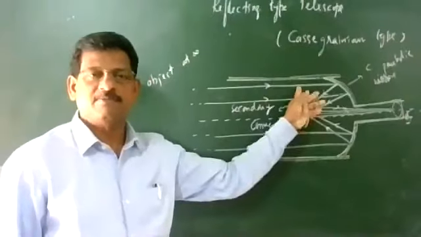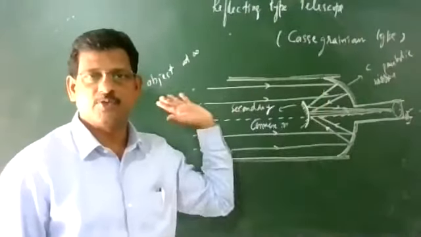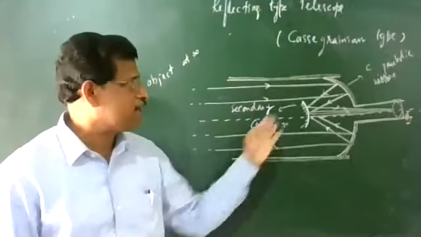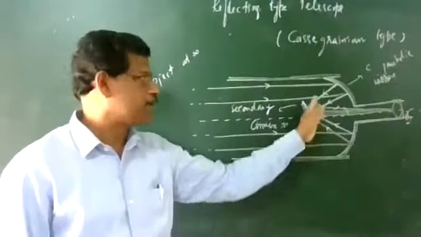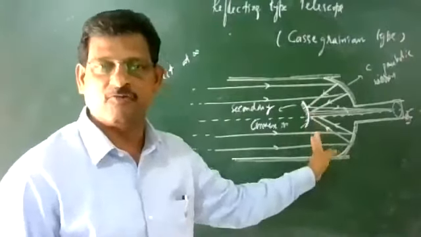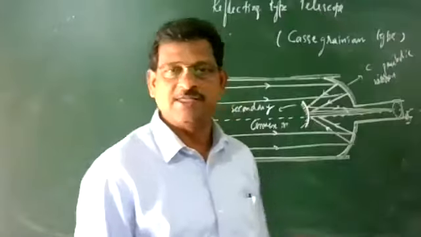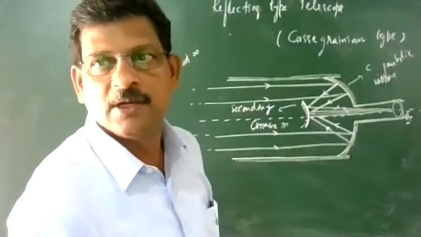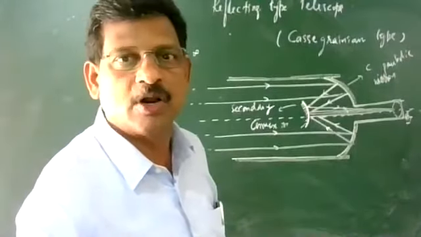It is free from spherical aberration because we are using a concave parabolic mirror. The object is at infinity, so the rays are parallel. After reflection in the parabolic mirror, they are coming to focus, but they encounter a secondary convex mirror. After that, they reflect again and go into the eyepiece. Adjust the eyepiece to and fro, and the image can be formed at least distance of distinct vision or at infinity.